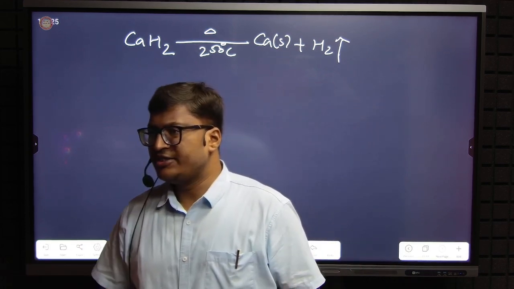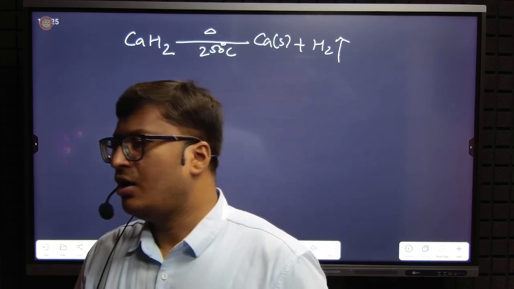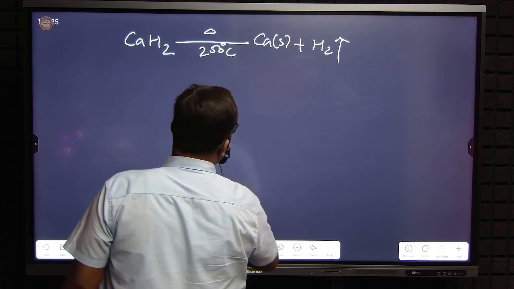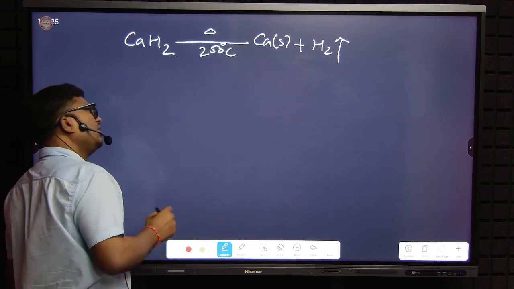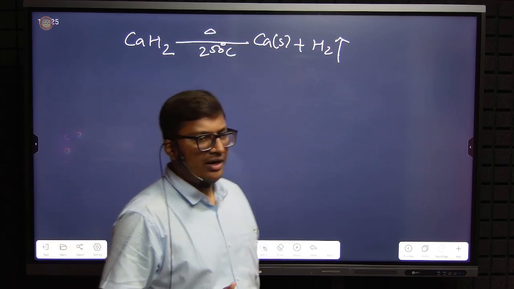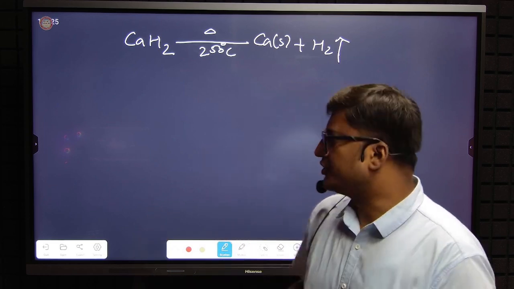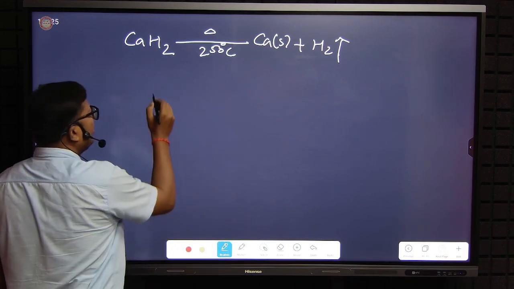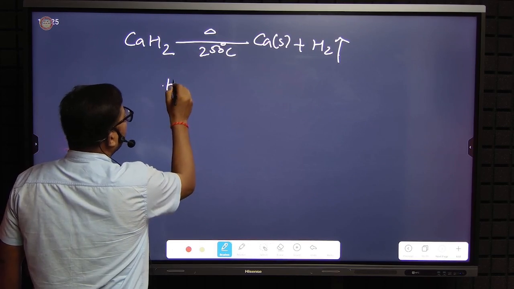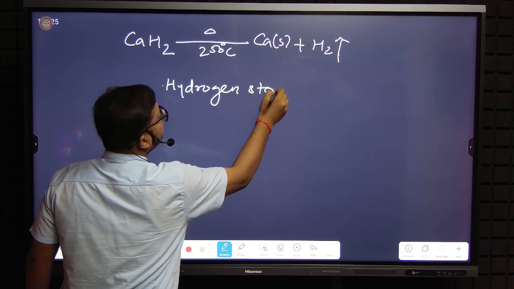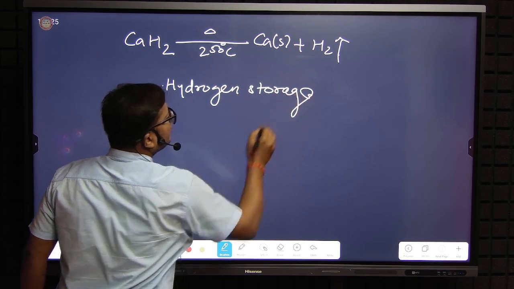Hydrogen gas is produced upon heating the metal hydrides, so this type of compound acts as a hydrogen storage. All the alkaline earth metal hydrides act as hydrogen storage.